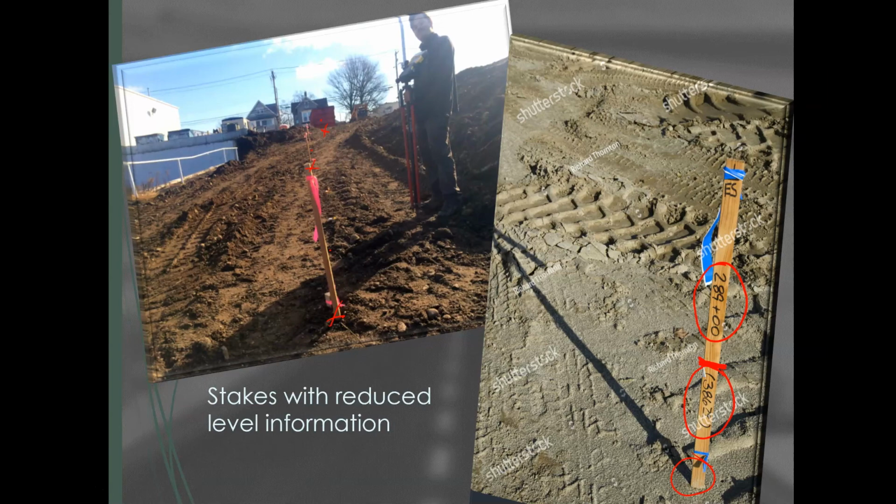When you set out a vertical road curve, you set it up on existing ground, but when you build it, they have to either remove the ground to the required level or fill the ground to the required level. That's why we need reduced level information on the stakes.